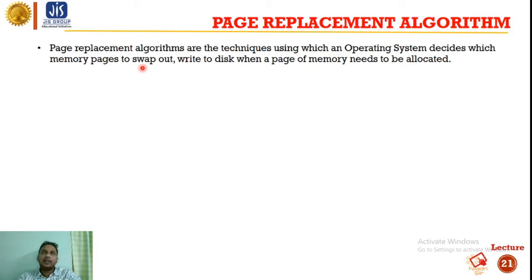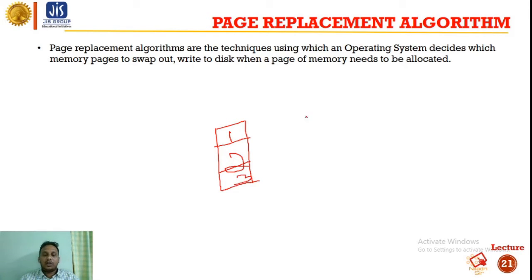Suppose 3 or 4 pages are in the memory, and there is another page that wants to come in. I'm giving you a pictorial representation, which will be better for you. Suppose this is the memory, which can hold three pages: one, two, and three.